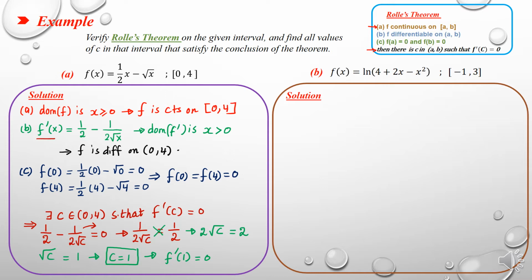For the second part, in part B, we have another function, f(x) equals ln(4 plus 2x minus x squared), and we have the interval [-1, 3]. So you have to check the conditions. Firstly, you have to find the domain of this function, and as you know, if we have a ln function, the inside function must be greater than 0. So we have 4 plus 2x minus x squared greater than 0.